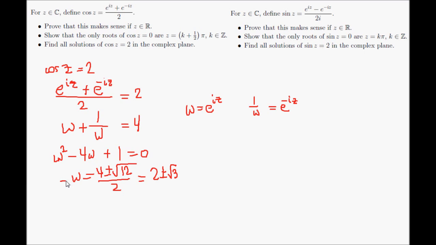Now that is equal to e to the iz, and so therefore i times z must be equal to the natural log of 2 plus or minus the square root of 3 plus 2 pi i times n.